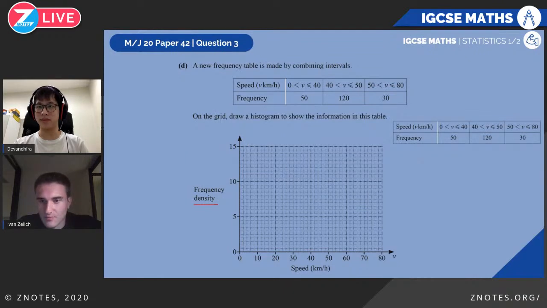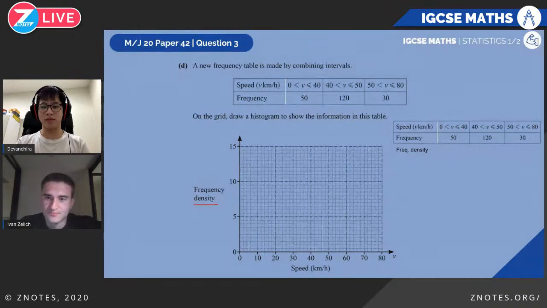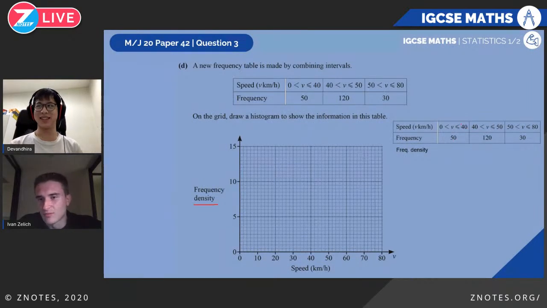I mean, this will be the easiest way to do it. So we get our table. We want to put frequency density. So how will we do that? Well, frequency is the area, and so if our density was some value, then 40 times that density is 50, for example. And so therefore, to calculate the frequency density, we have to divide the frequency by the interval of the speed.